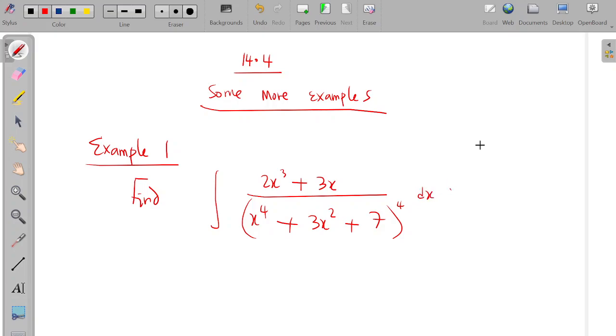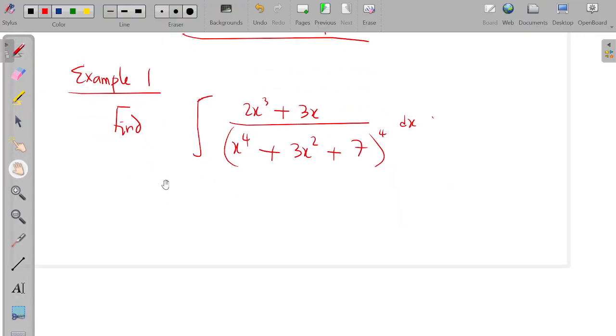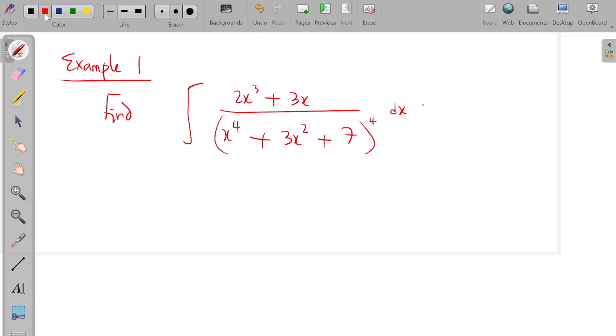Okay, we want to find this. This is integration. To find this again, we use our substitution method.